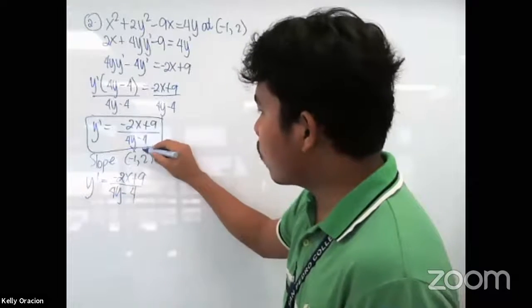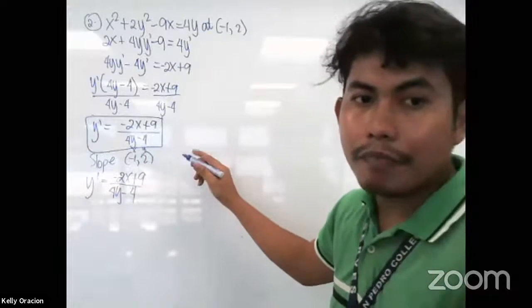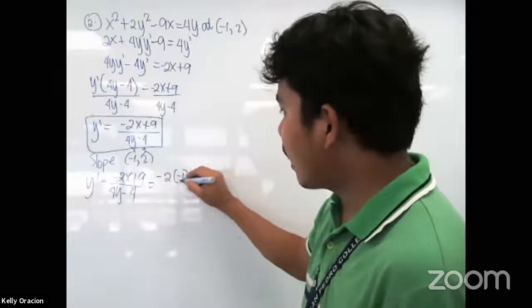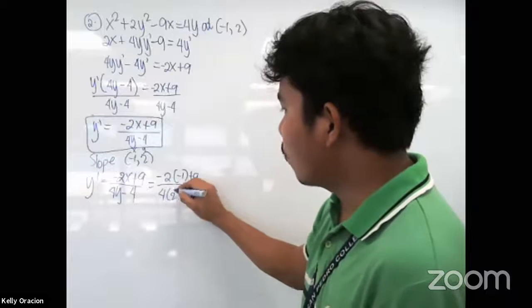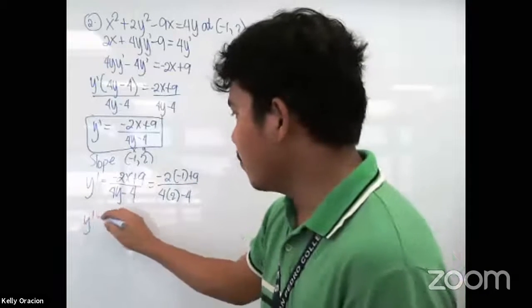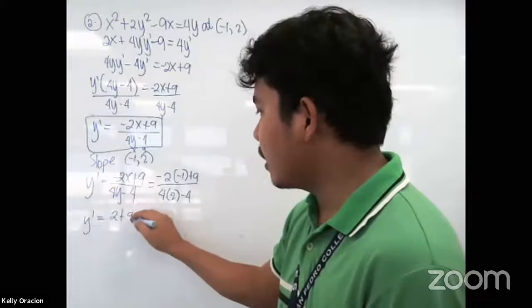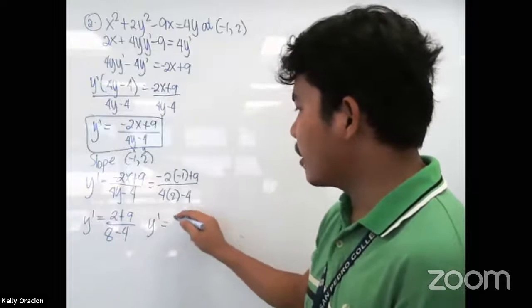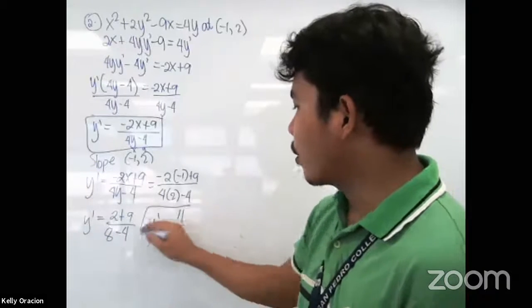This is x, this is y, para makuha yung slope. Substitute: negative 2 times negative 1 plus 9 over 4 times 2 minus 4. So y prime is 2 plus 9 over 8 minus 4. So y prime is 11 over 4.